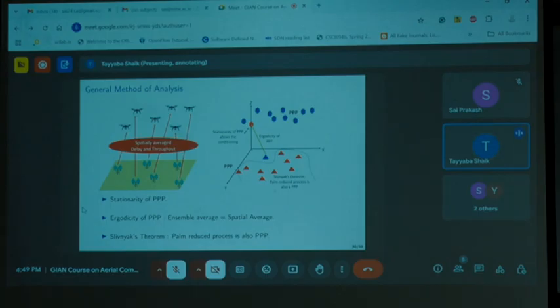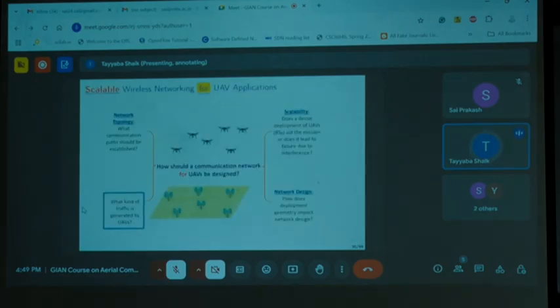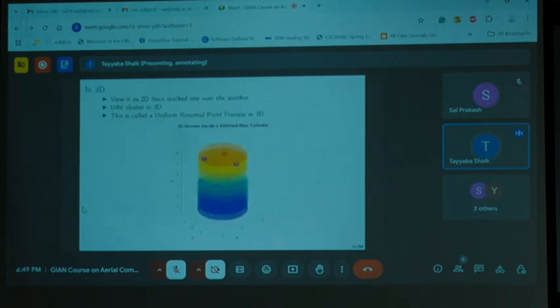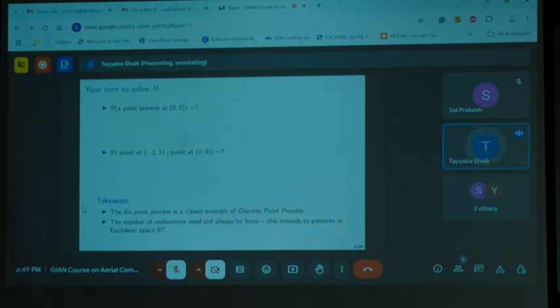Okay, and there is one more thing called Slivniak's theorem. What it basically says is, conditioned on this point, the rest of the process has the same distribution as the original process. Let me go back to that slide quickly. If you look at the workout example in the beginning, there was this example that was given, right?